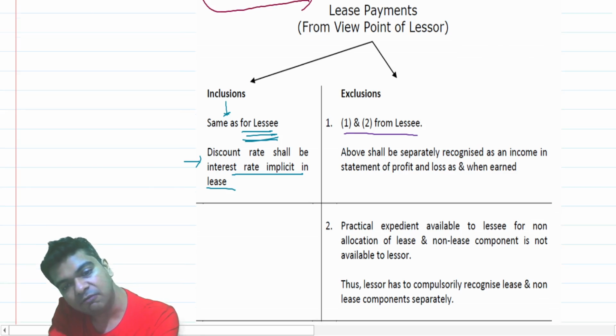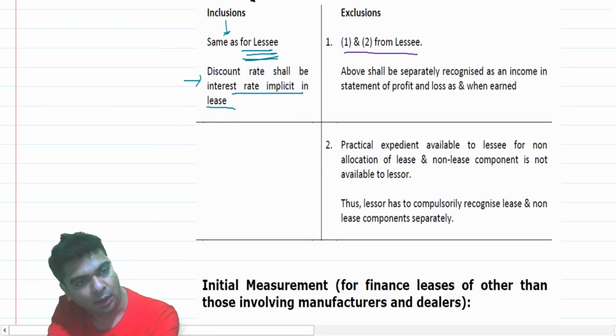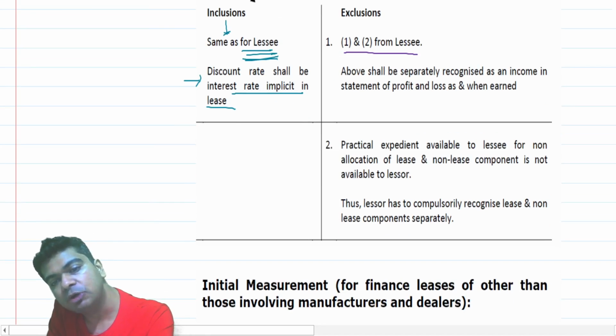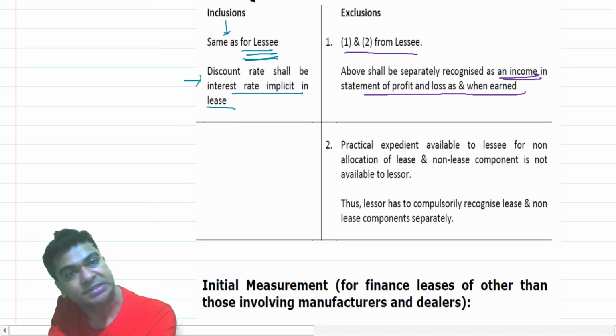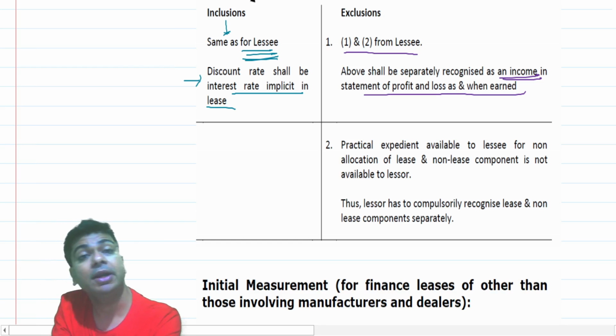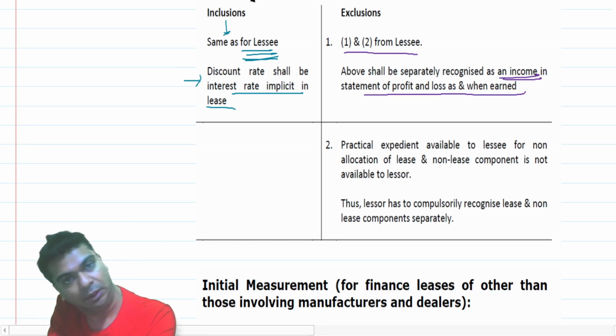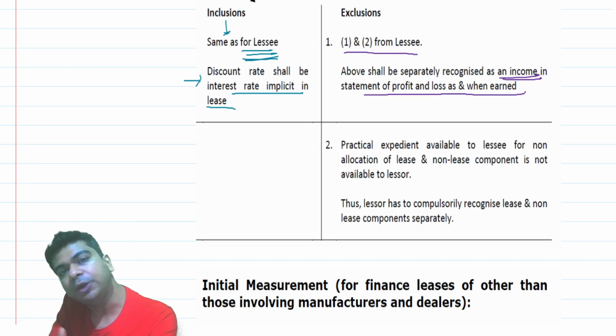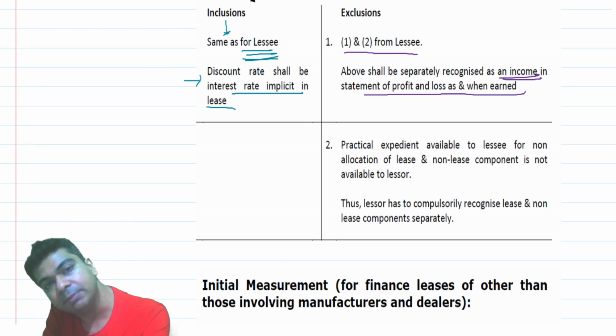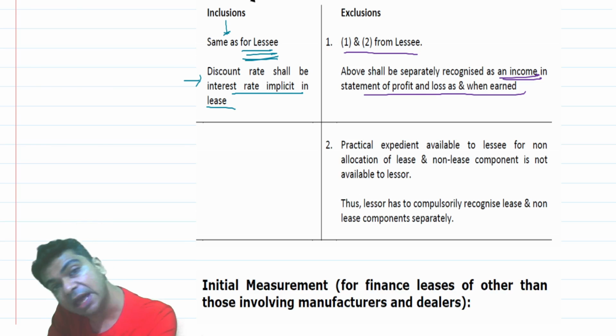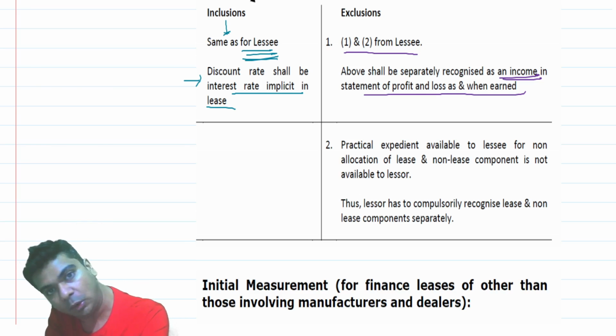So if you see here 1 and 2 from the lessee, it says above shall be separately recognized as an income in statement of profit and loss as and when earned. I am demanding 1% of sales as a payment. You will pay that to me. It was not a part of the lease payments, but this is of course an income for me. I will credit it to my profit and loss account.